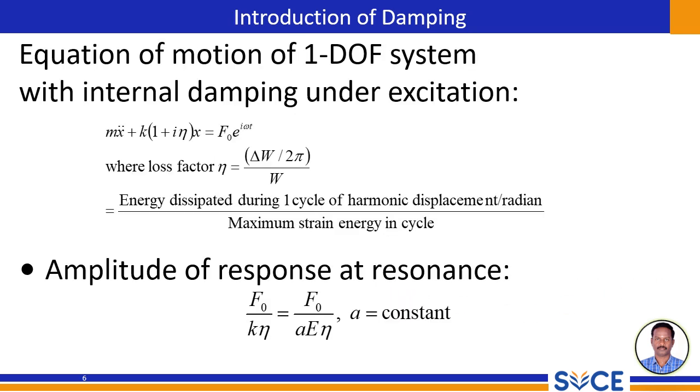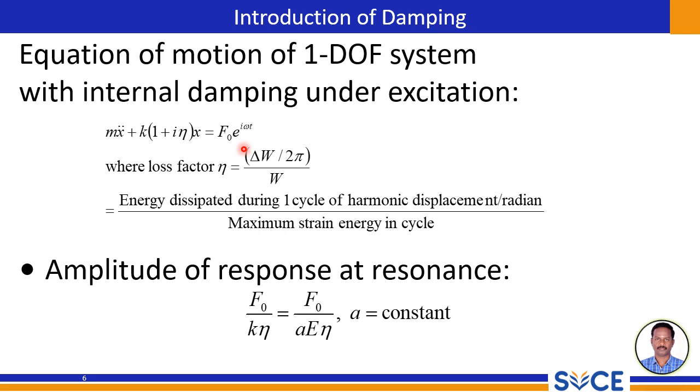Now, let's get a bit more technical and look at the mathematical representation of damping. This slide presents the equation of motion for a single degree of freedom system with internal damping under excitation. We see the equation m x double dot plus k times (1 plus i eta) times x equals F naught e to the power of i omega t.